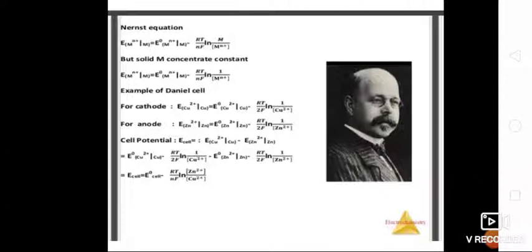Here R is the gas constant, T is the absolute temperature, n is the number of electrons transferred, F is the Faraday constant, and its value is 96,500. ln means natural log, but for a solid M the concentration is constant.